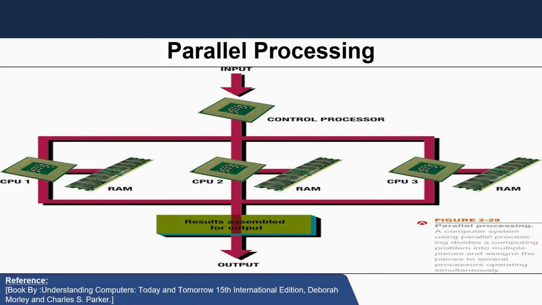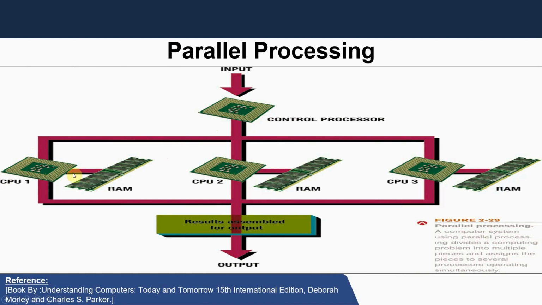If something is input, it is sent to the control processor, which divides your instruction into 3 different sub instructions and feeds them to different CPUs.